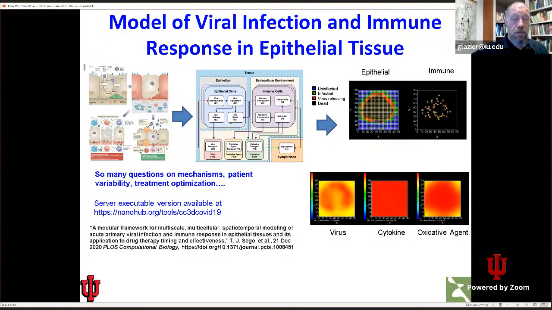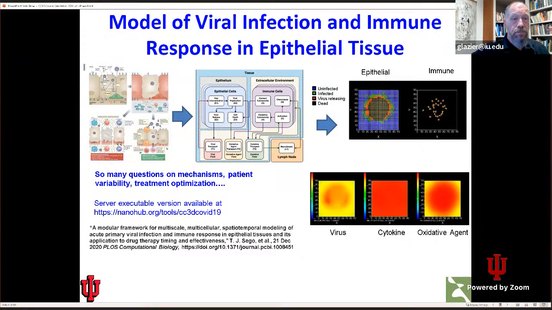And you can ask questions about how things like antivirals or immune modulators affect the balance between preventing the infection from spreading and the tissue damage caused by the immune response itself.